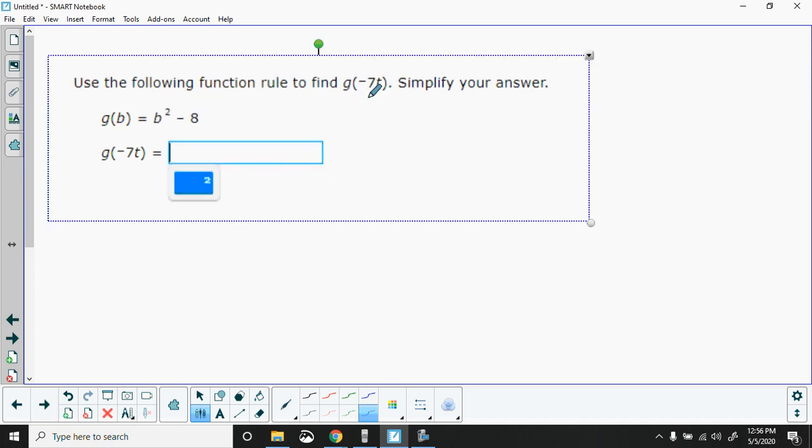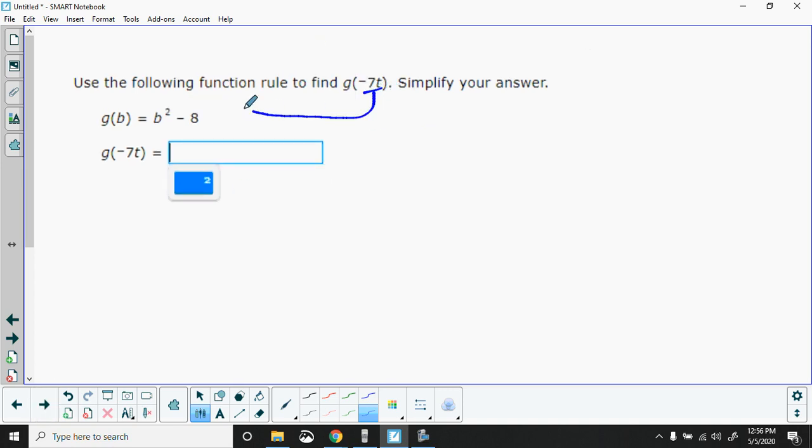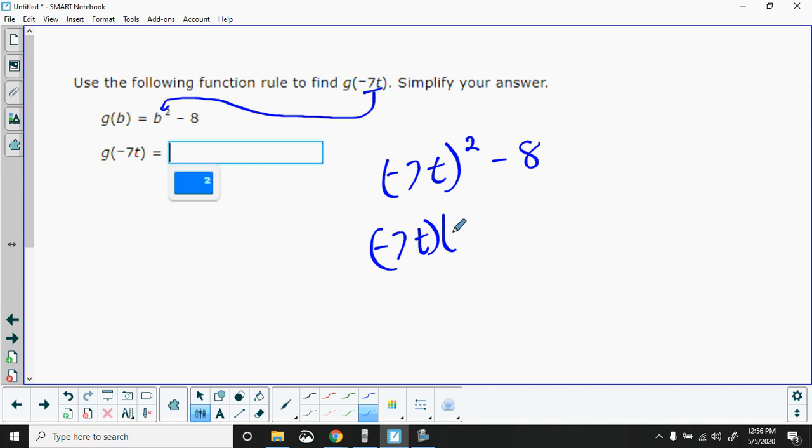Again, plug all of this in for b. So negative 7t, but unfortunately they're asking us to square it. When we square it, that's the same thing as saying negative 7t times negative 7t. Multiply the numbers.